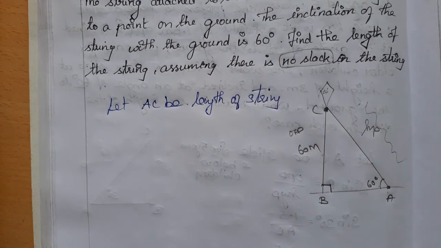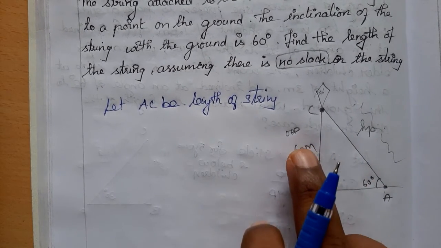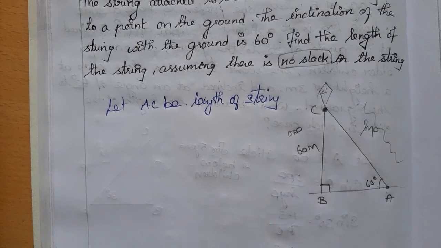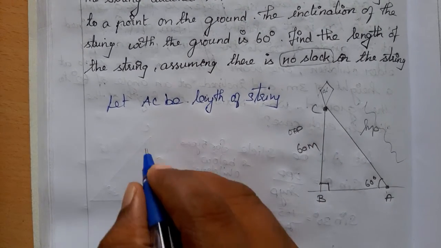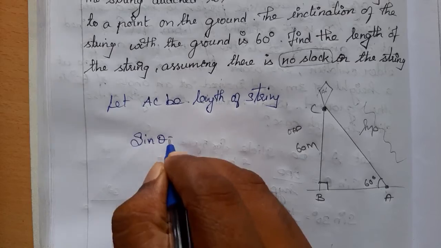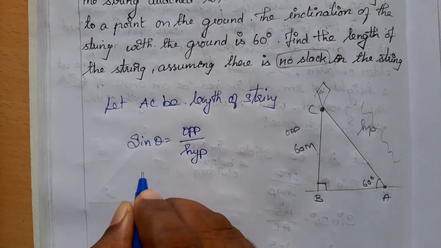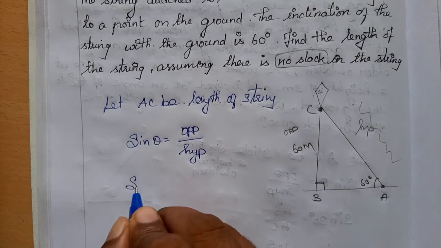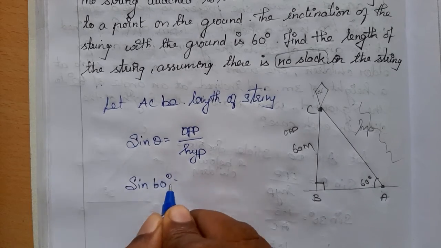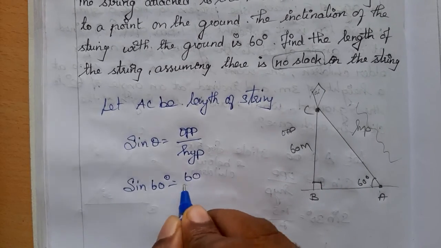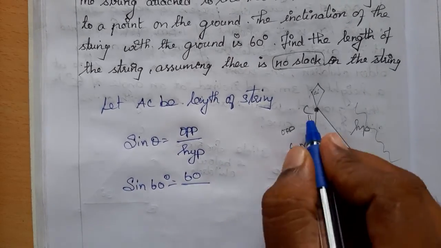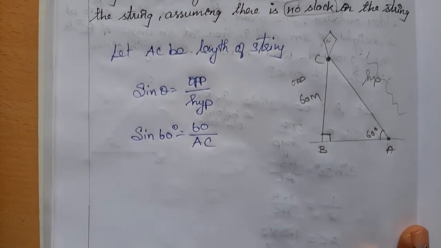So we have to find the hypotenuse. So which ratio connects the opposite and hypotenuse? Sine, right? So sine theta is equal to opposite by hypotenuse. Sine 60 degree is equal to opposite, which is given as 60 meter, divided by the hypotenuse, which we have to find, that is AC.